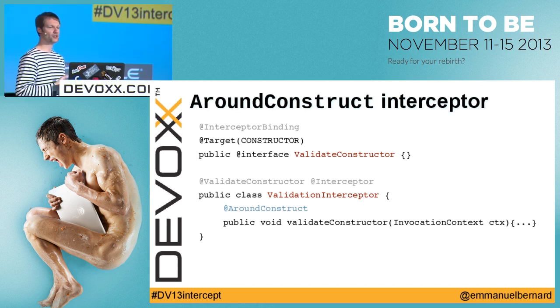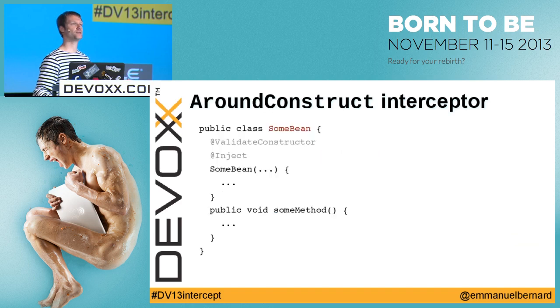And this annotation is used along with the @interceptor annotation to express that a specific class is an interceptor that contains potentially AroundConstruct or AroundInvoke or all of those annotated methods. Okay? Simple enough, right? If you're a bit familiar with interceptors, just like AroundInvoke, it's just AroundConstruct.